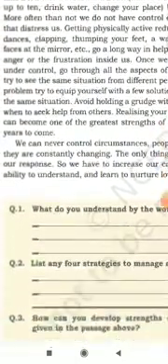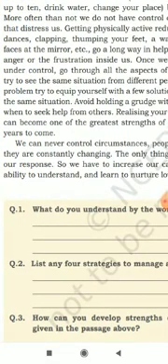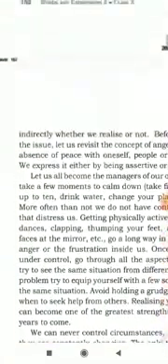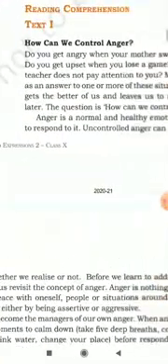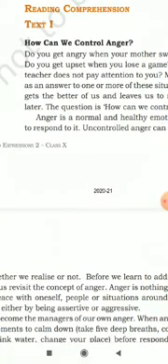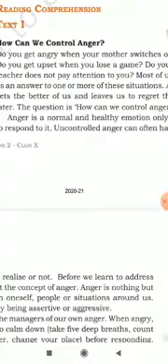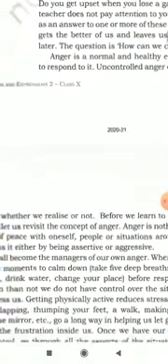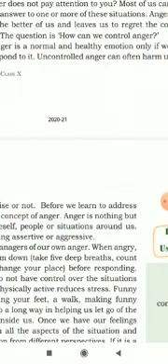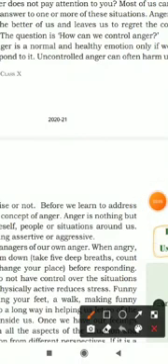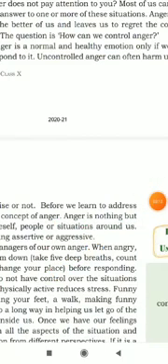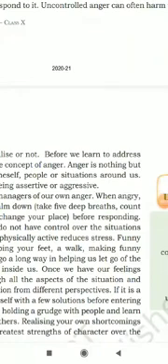Here the first question is, what do you understand by the word anger? And as you know, generally first question answer in unseen passage we are getting on the above portion. So here the answer is mentioned. Anger is nothing but anger is absence of peace with oneself, people or situation around us.